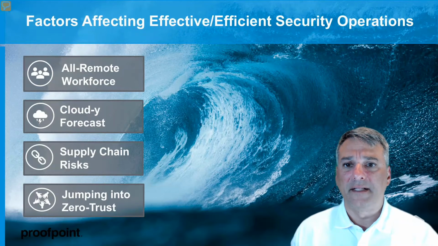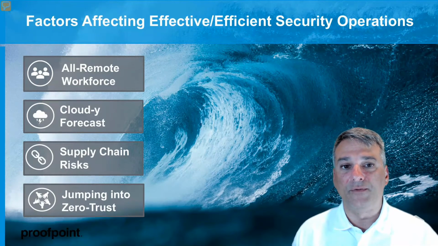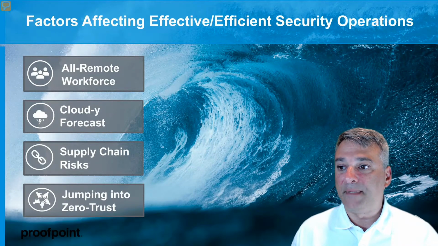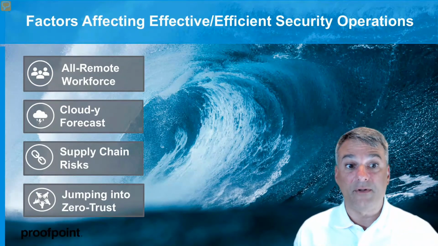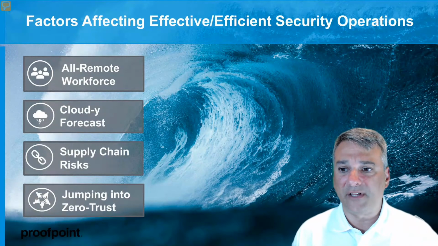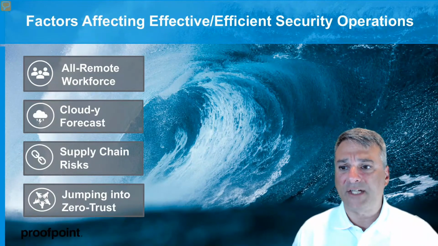The second item that affects the SOC analyst is the cloud migration. As we have gone through this pandemic, a lot of organizations have moved their legacy systems to the cloud. And this can create disconnected security tools and missed correlations of suspicious activity, because now we have logs that are internal, logs that are external, and they have to be correlated. We also have disparate dashboards. Sometimes the logging formats are different, and we lose context in our reporting capabilities.